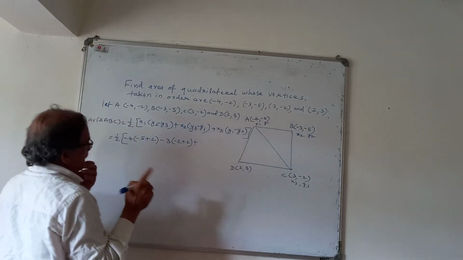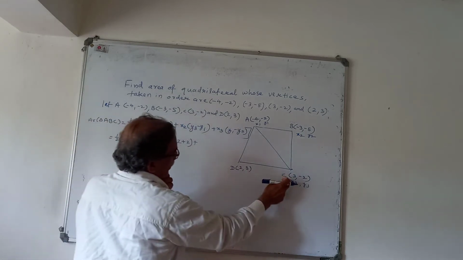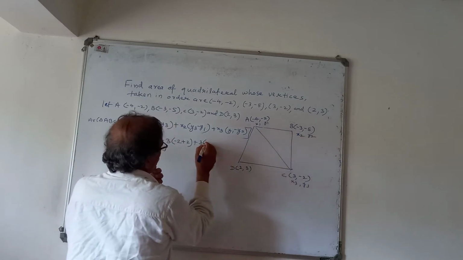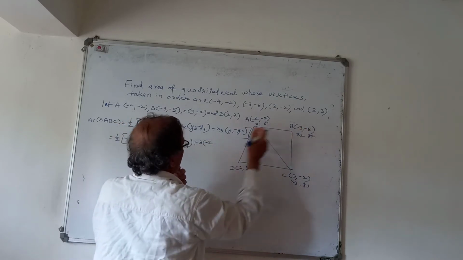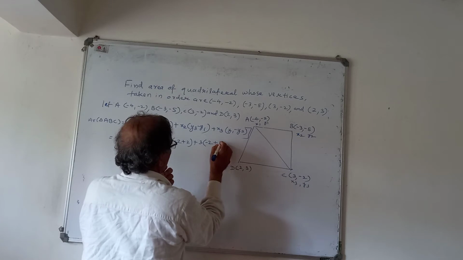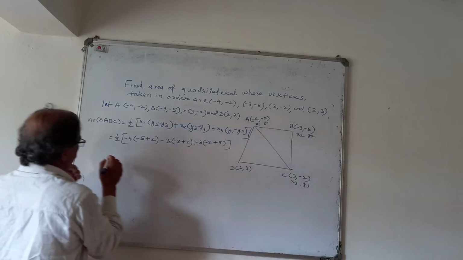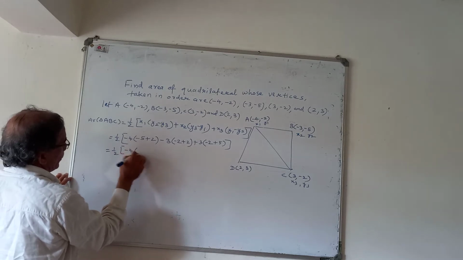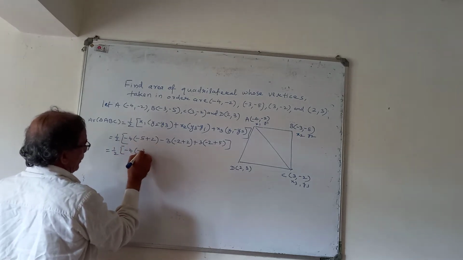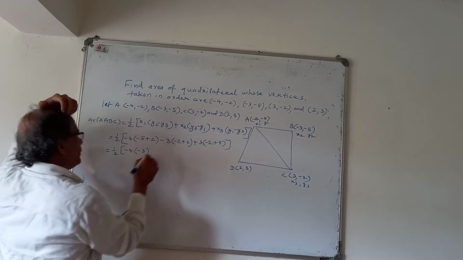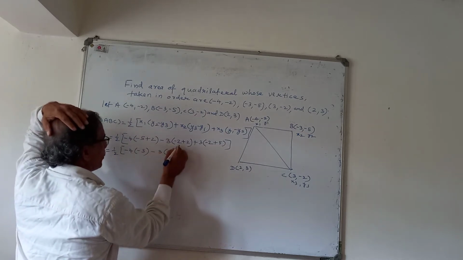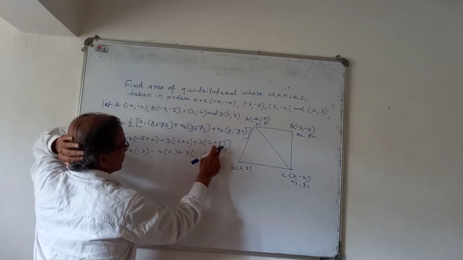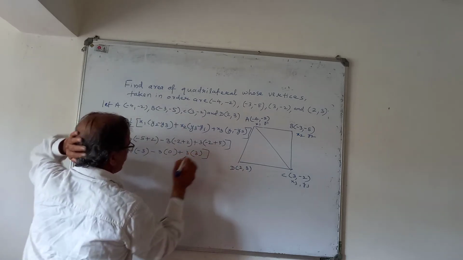And plus x3, which is 3, into (y1 minus y2). So minus 2, and minus y2 is already minus, so that will become plus 5. So that is half into minus 4 into minus 5 plus 2, which is minus 3, plus minus 3 into minus 2 plus 2, which is 0, plus 3 into minus 2 plus 5, which is 3.